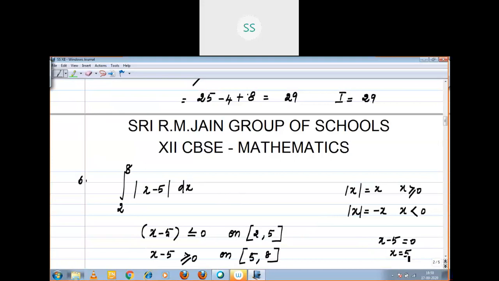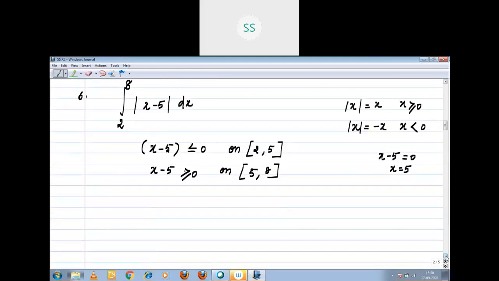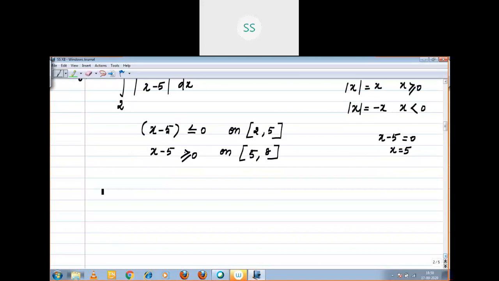Then x minus 5 greater than or equal to 0 on 5 to 8. Got it children? The breaking point, how to find it? The given function you equate with 0. Then you arrive at x is equal to 5. That 5 only divides the limit into two parts.